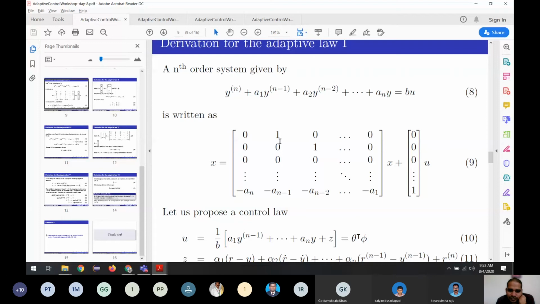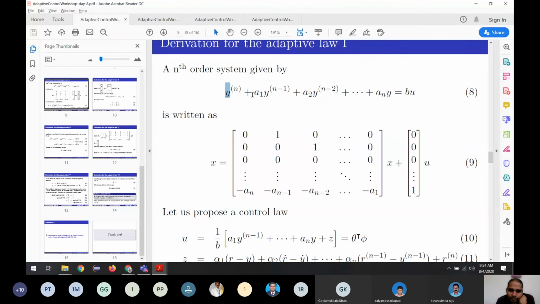So in this formulation, x1 dot is x2. What does it mean? You're writing x1 dot equals x2, x2 dot equals x3, like that. The last one is this term. What is this term? x with n dots on top.